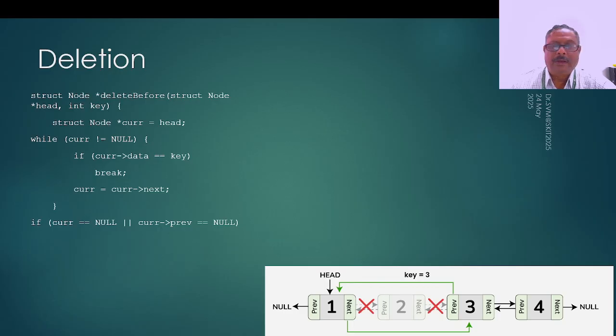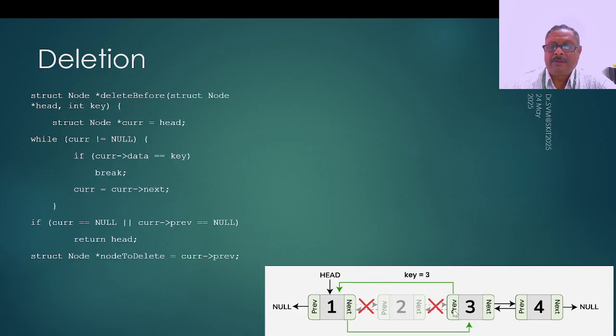Does this exist or not? If yes, or is this the first node? If it does not exist, or if this is the first node, then we cannot delete the previous node. So just return the head.